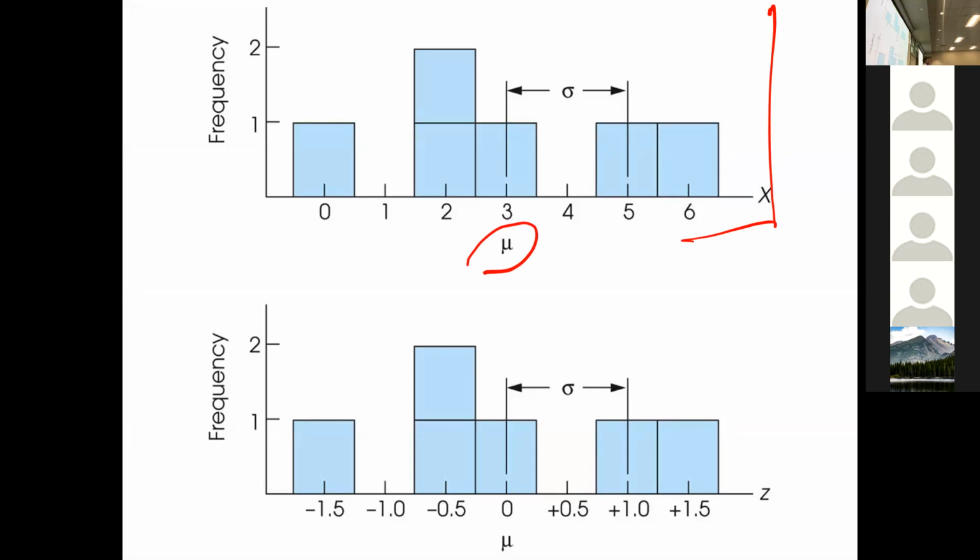It just changes what would be on the x-axis. So you can see you've got one value that is at the mean, and one value that is at z-score equals 0. You have one score at a standard deviation above the mean, that 5 there, and one standard deviation equals a z-score of 1.